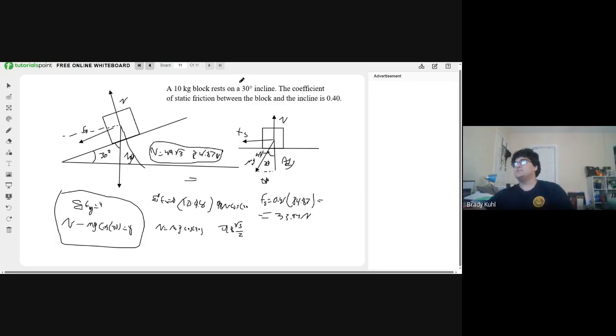It blocks the block on the 30-degree incline. This is how many newtons the static friction is, and this is our answer.